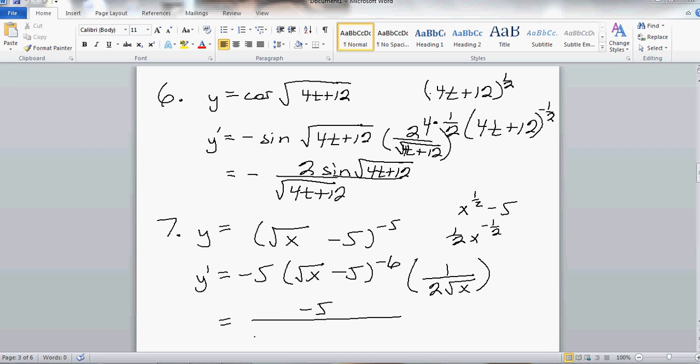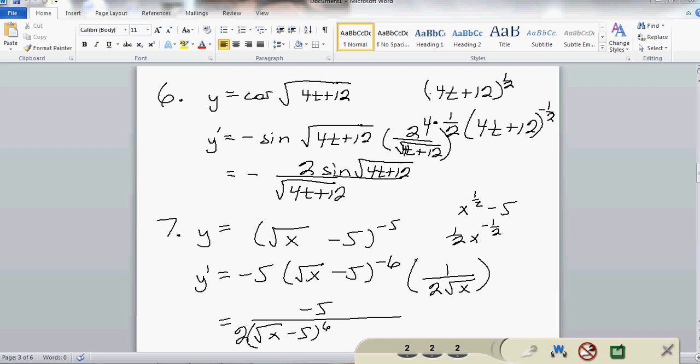This square root of x minus 5 is going to go on the bottom, so that we get a raised to the 6th power. We need the 2 that still stays there, so that 2 is going to go right there, and then we multiply by the square root of x. The square root of x could easily fit over here as well, except I'm out of room. And so realize all I have done is just cleaned this up, and there is the final answer.